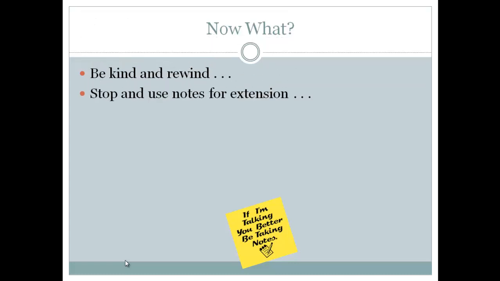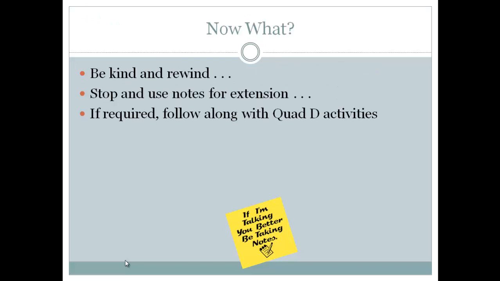Remember to be kind and rewind if you need to, stop and pause if I'm asking you to think about some practice problems. Do stop and jot down some notes for yourself when you need to. I'll probably give you some practice problems. I might call these quad D activities. These are important types of questions to be able to answer for questions on the AP test and on tests such as the ACT test.